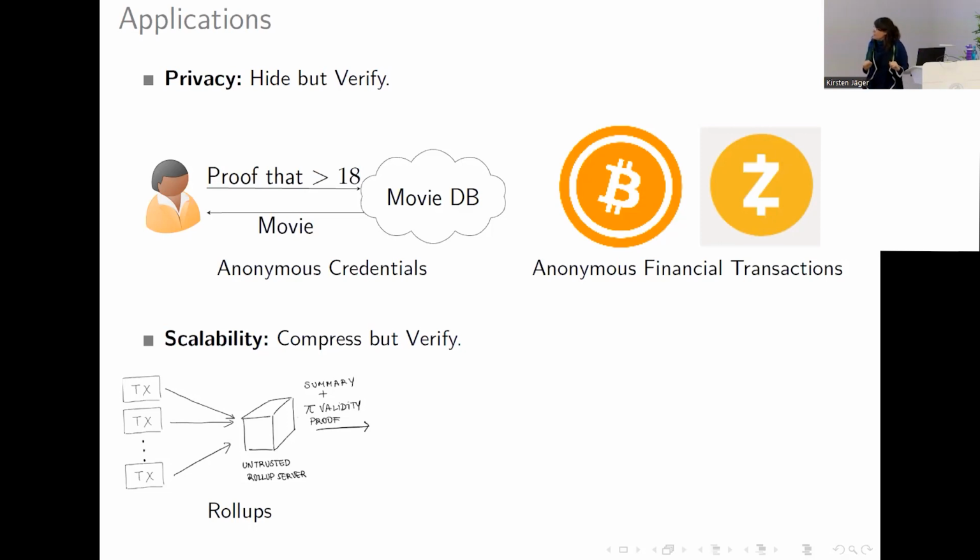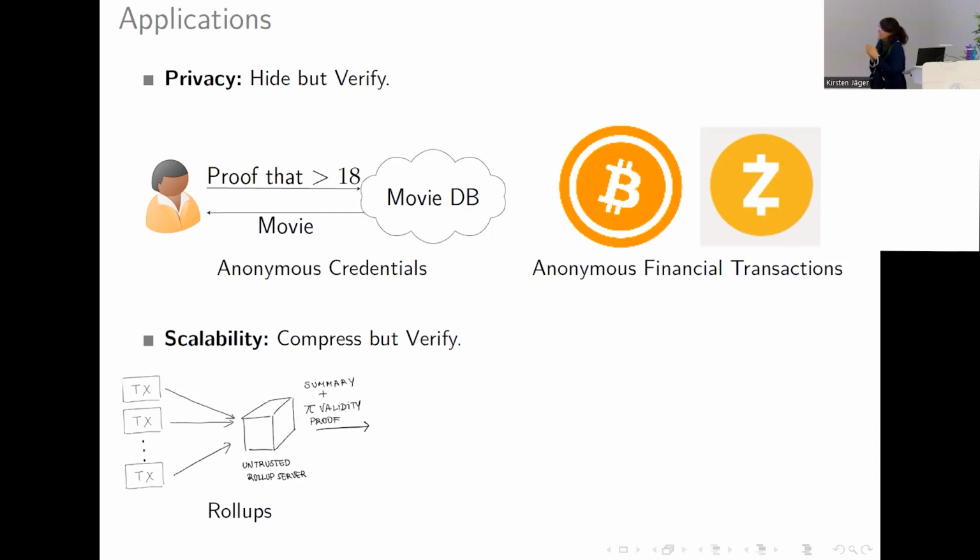So a typical example of this is zero knowledge rollups. They are really not zero knowledge. This is why they are in this scalability setting. And these are seen as one of the key technologies to scale blockchains, okay?